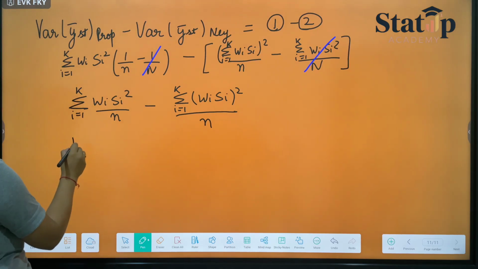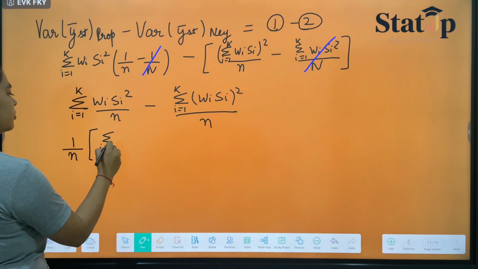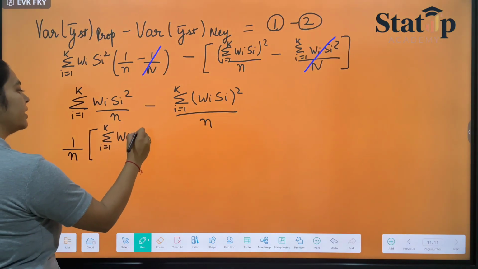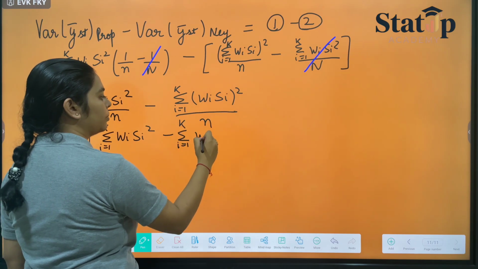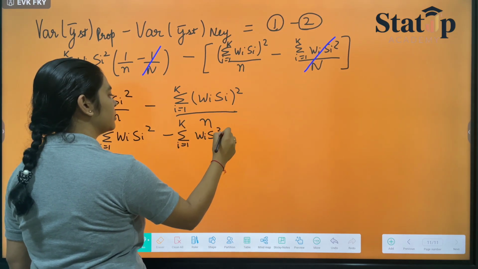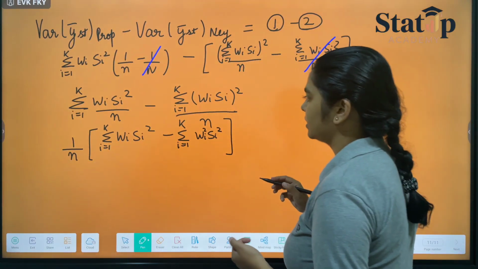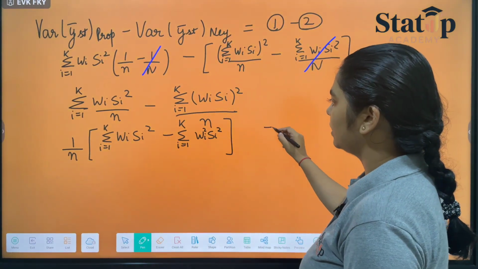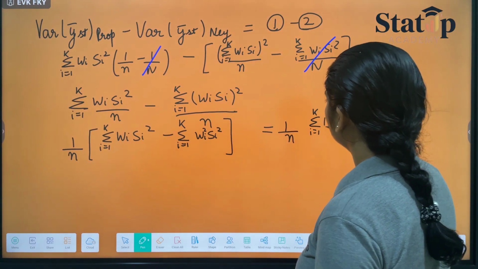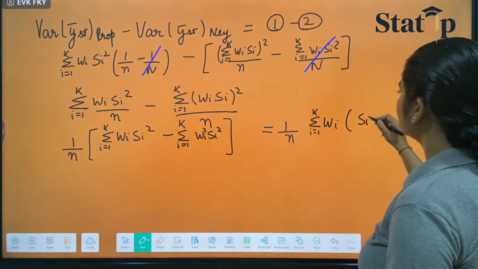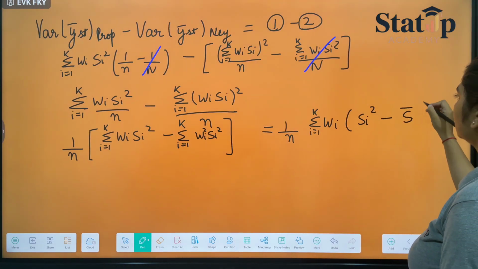Now taking out 1 upon small n common, we are left with summation i goes from 1 to k WiSi square minus summation i goes from 1 to k WiSi square. Now from this WiSi, we can take Wi common, and we are left with 1 upon n summation i goes from 1 to k Wi bracket Si square minus S bar square.